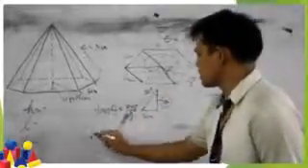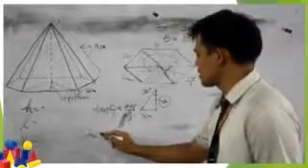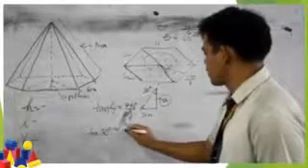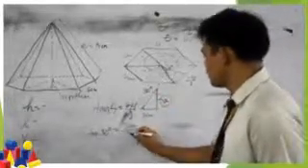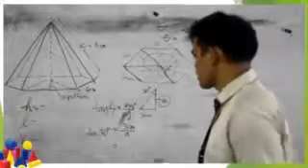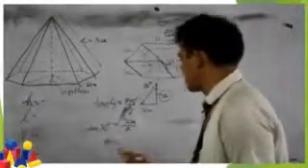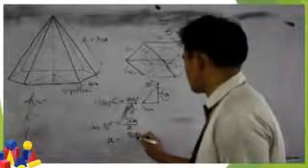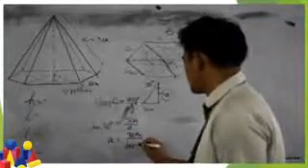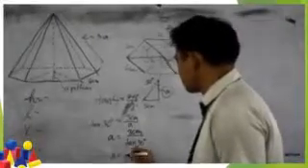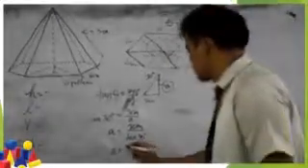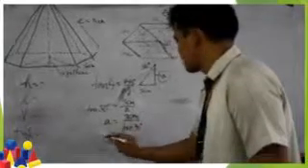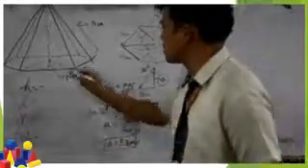Here, we have 30 degrees, so tangent 30 degrees equals the opposite, which is 3 centimeters, all over A. From this, we'll be able to find the value of A, which is 3 centimeters all over tangent 30 degrees. If you solve this using your calculator, you'll get 5.2 centimeters. So that would be the value of the apothem, the distance here.